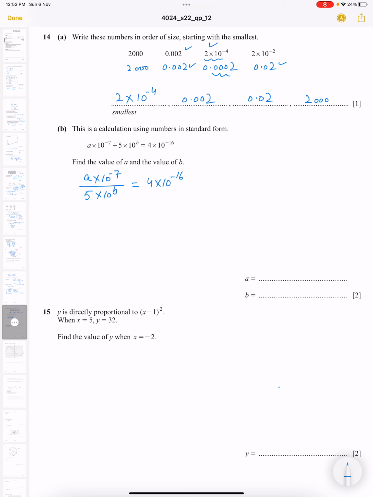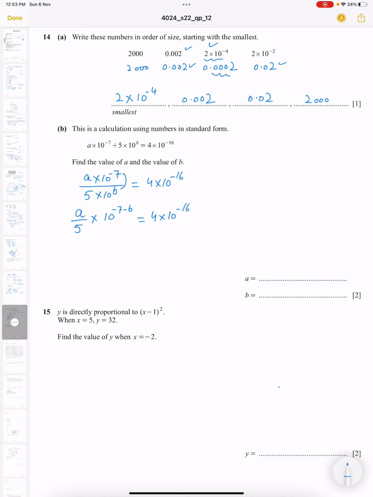Now the left hand side can be written as A over 5 times, in division you know that powers are subtracted, so that will become 10 power minus 7 minus B, is equal to 4 times 10 power minus 16.